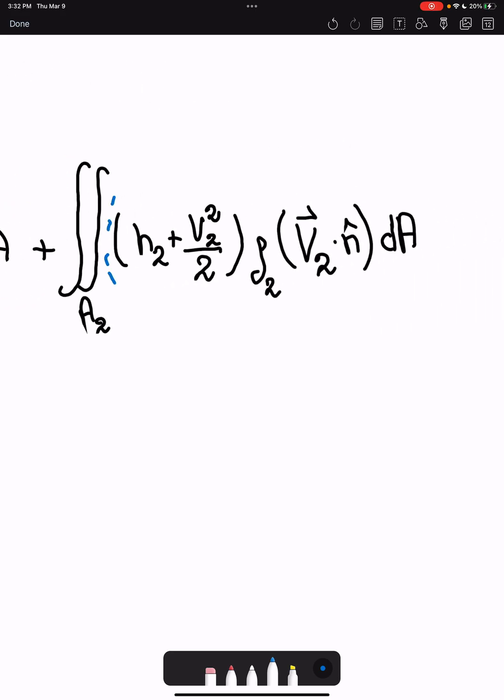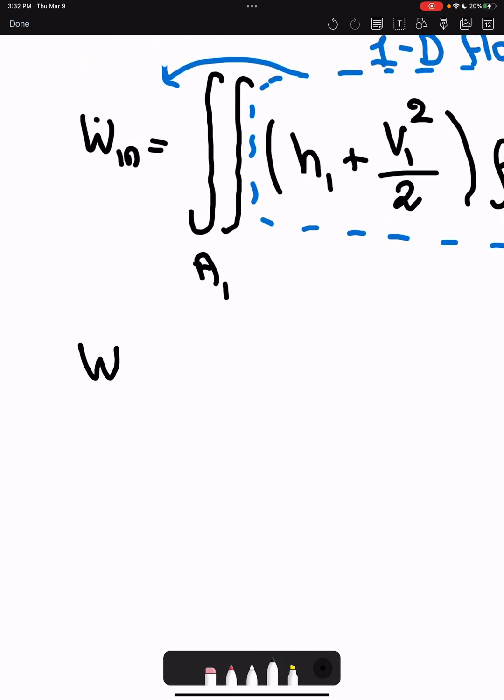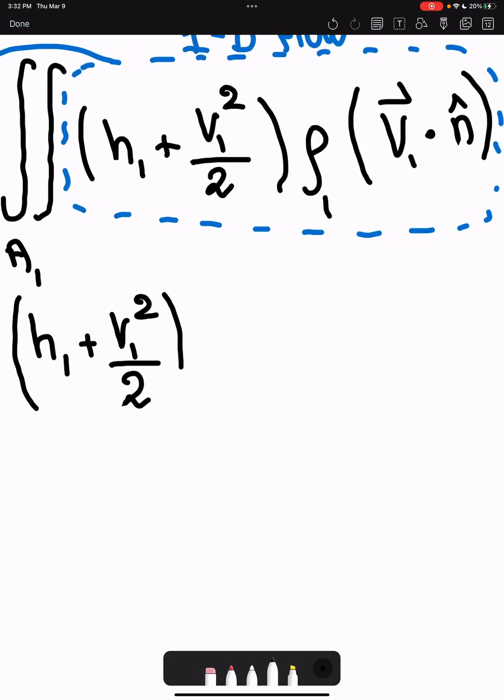And we can say the same about this. 1D flow. So now I can just rewrite this as W dot in equals H1 plus V1 squared over 2. All of this is multiplied by a density rho 1 times V1.